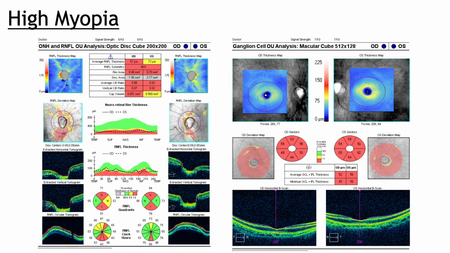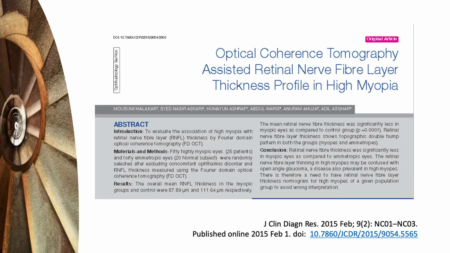Dr. Dunbar mentioned before that you have to be very careful about using the reference or normative database on high myopes, because none of them are included in the typical reference database on any of the OCT instruments that are out there. And so if you're comparing somebody who's a -10 to a reference database that includes nobody like them, then you could really get yourself into trouble.